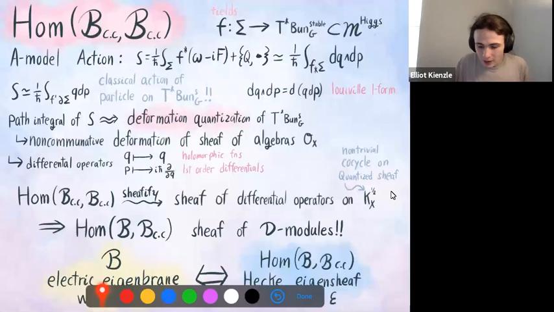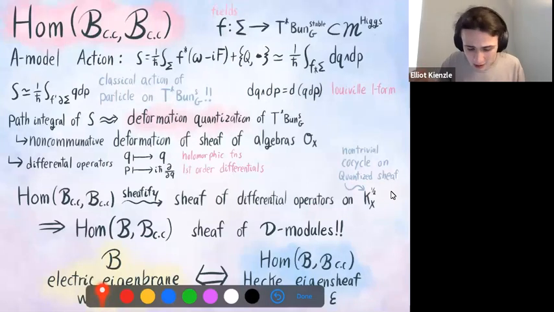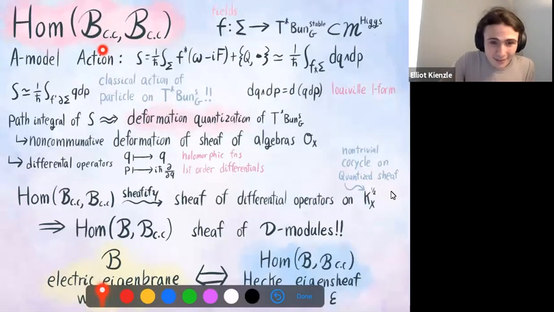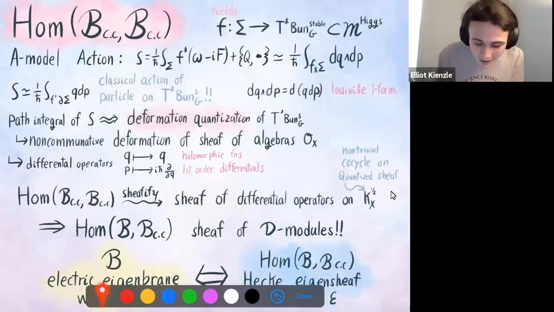Sorry if I can't explain this very well, because I don't feel like I understand this extremely well myself. But here's basically the general idea: this actually is D modules, which is exactly what we needed. And the way we get D modules is really cool. It's because it goes through deformation quantization.